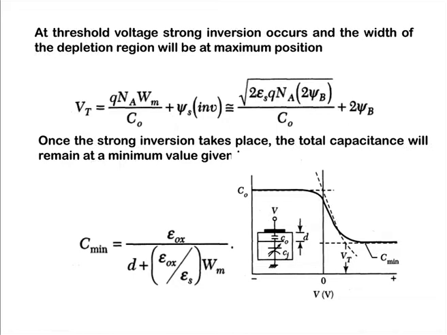So, by extrapolating these lines from the minimum, we can define the threshold voltage, and by using this equation we can calculate the threshold voltage. Our device is on when we have applied the threshold voltage, otherwise there is no inversion layer, there is no electron layer, and there is no conduction between the source and drain.